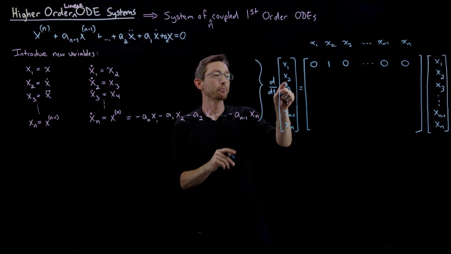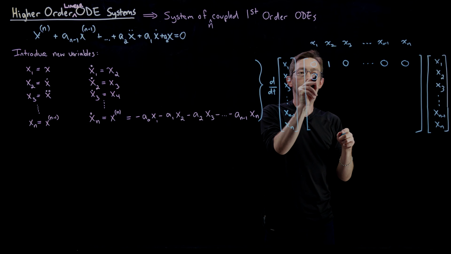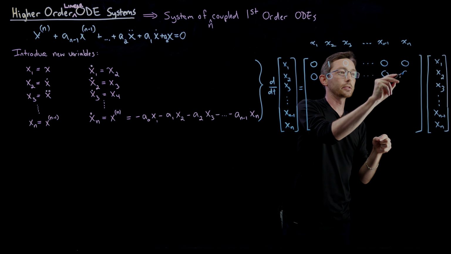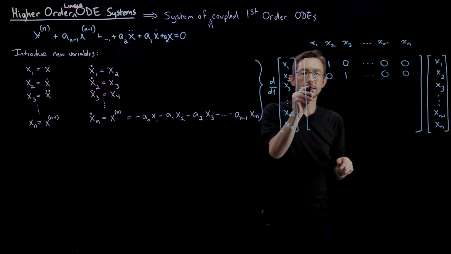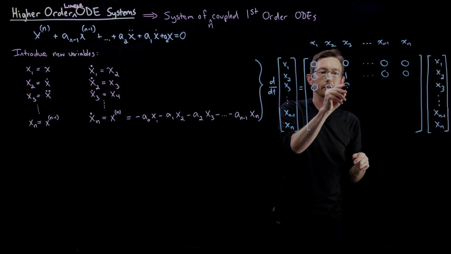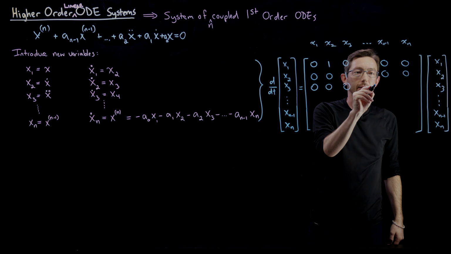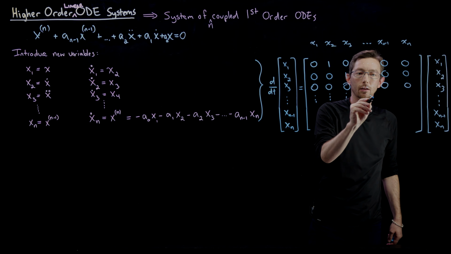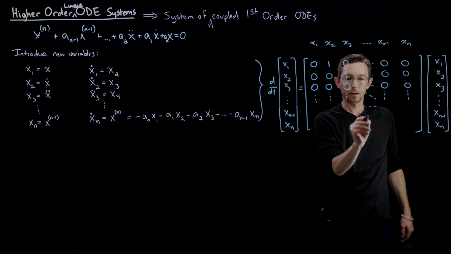Easy, easy, easy. x2 dot is x3, so similarly that is 0, 0, 1, dot, dot, dot, zeros everywhere else. The x3 dot is x4, which is 0, 0, 0, then a 1 in the next column, dot, dot, dot, 0, 0. Just not to mess anything up here.